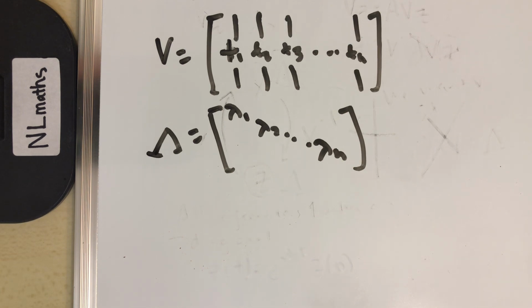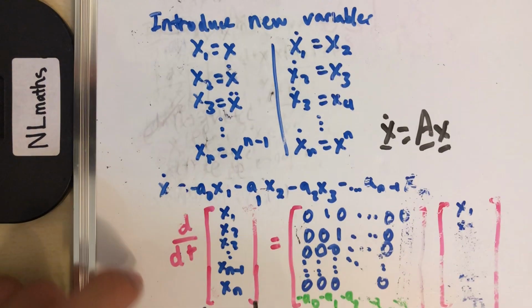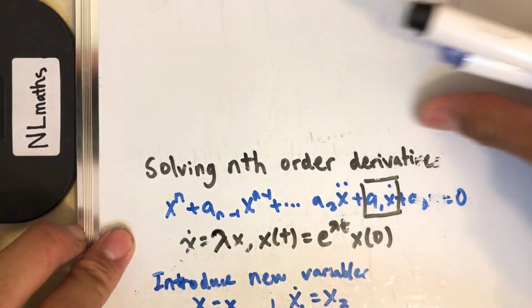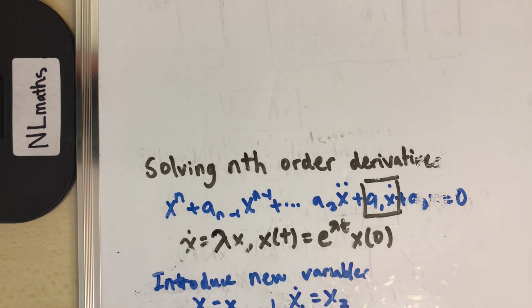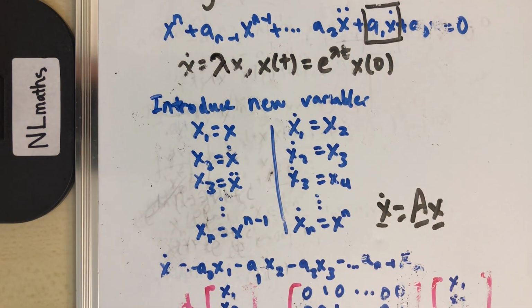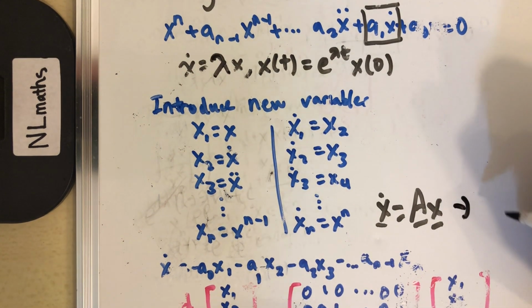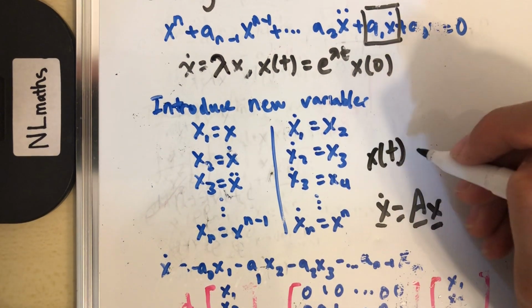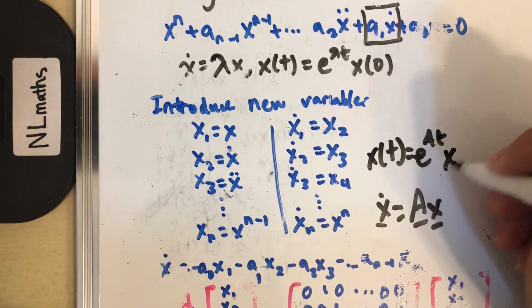So good. Now I want to go back. We're done with the linear algebra. We're back on this equation. So we're going to take it up here in this space. And what I want to talk about is our differential equation down here. What could be the answer for it? Well, a suitable guess would be x of t equals e to the At times x0.